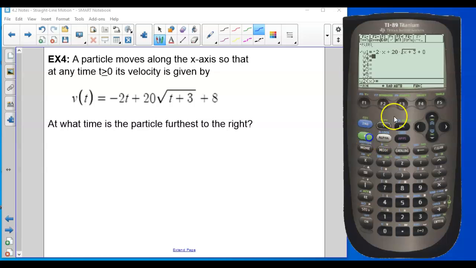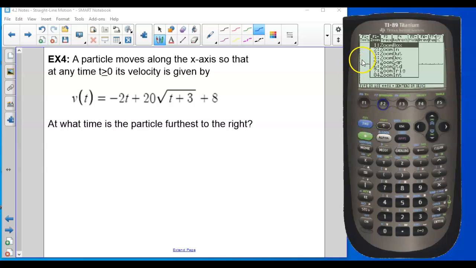And so if I look at the graph here, I'm not really seeing anything. It's probably my fit for the graph. I am looking for t greater than or equal to 0, so this is already looking at the positives. I'm going to hit F2 and then zoom fit, which is right here. It's A.